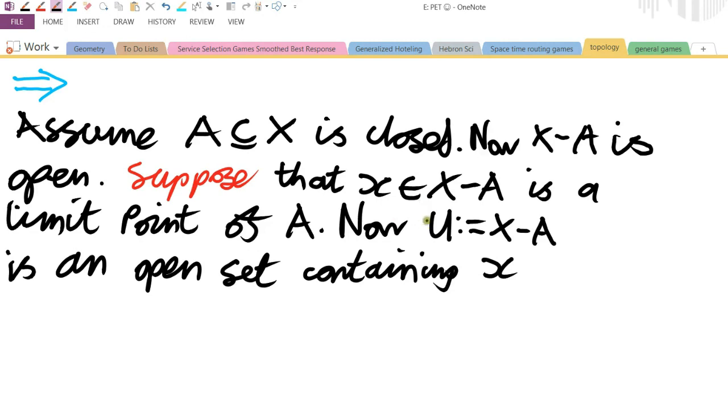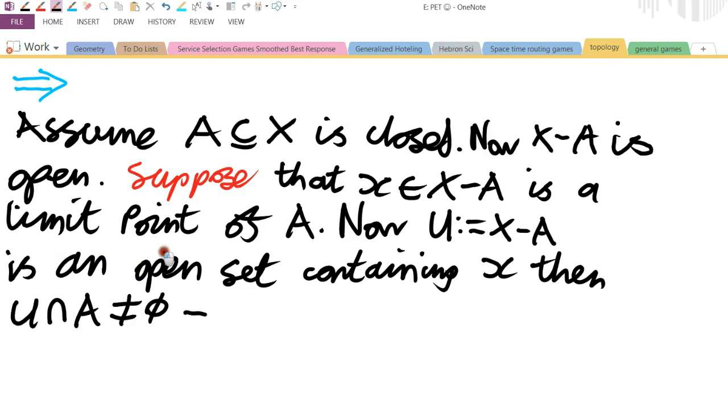So if x is truly a limit point, then we would have that U intersection A has got to be non-empty, because it's an open set containing little x, and it's supposed to be a limit point of A, so it should intersect with A. But what's the problem here?